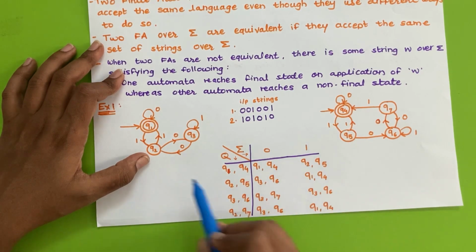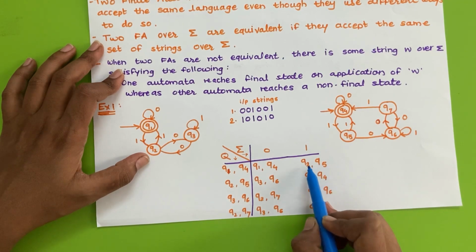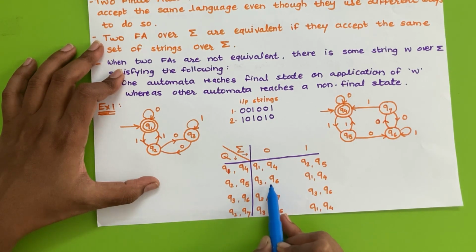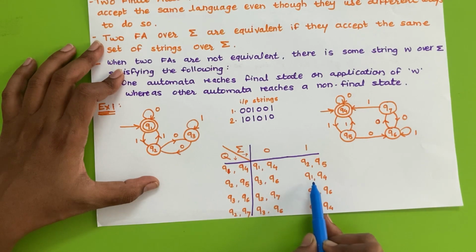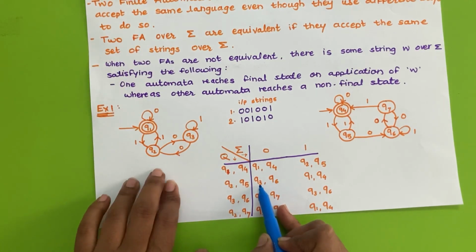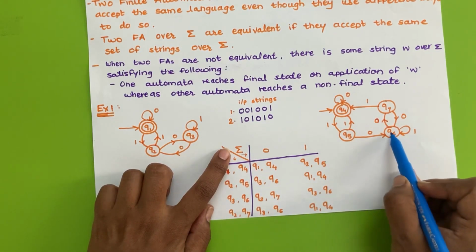Here Q2 as well as Q5 both are non-final states. Here we'll observe that all these states are either final or non-final. Again we see that Q3 is my non-final state and Q6 is again my non-final state.